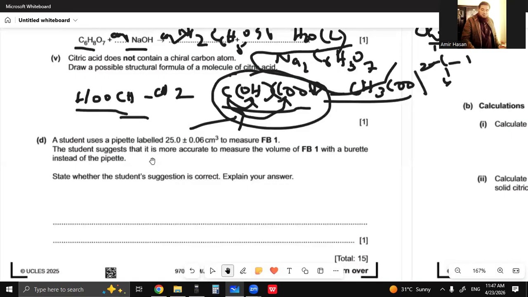In the pipette, there is an absolute value also given, 0.06. Now, this absolute value also provides a difficulty to calculate the precise value, the accurate value. Because this value brings the solution towards the precise value, giving the precise value 25 plus minus 0.02.